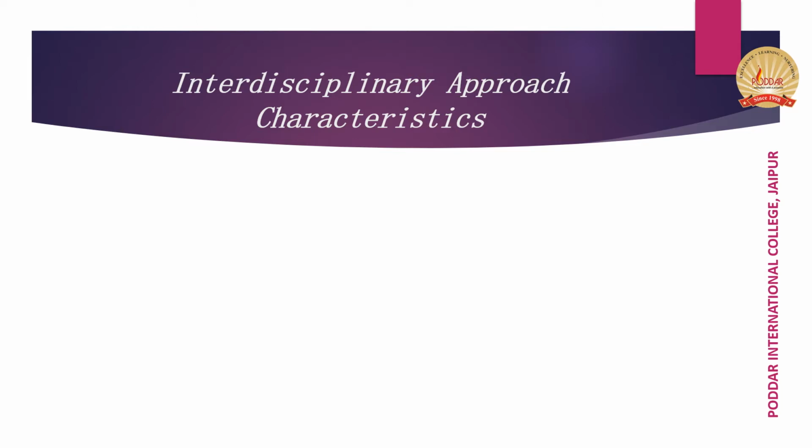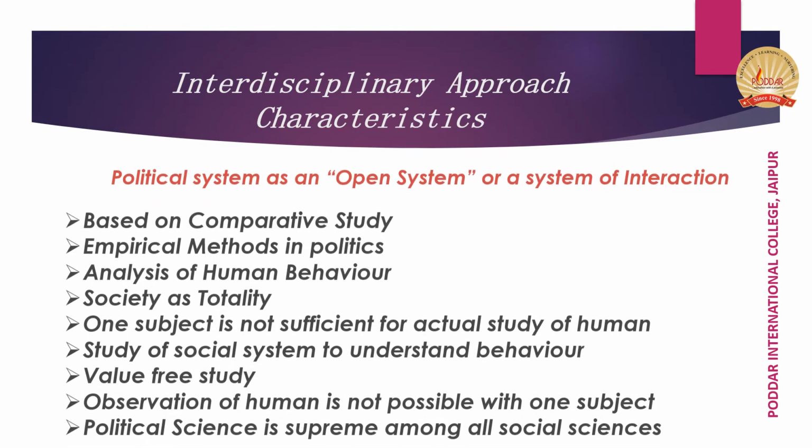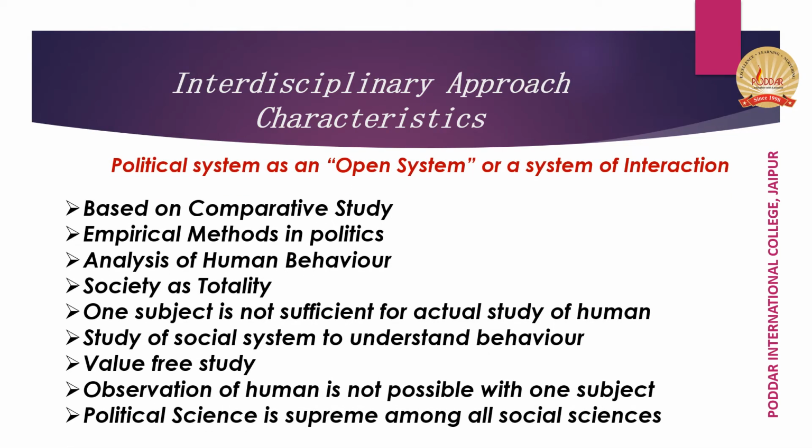About the characteristics of interdisciplinary approach. Political system as an open system or a system of interaction. So the characteristics are: based on comparative study, empirical method in politics, analysis of human behavior, society as totality.